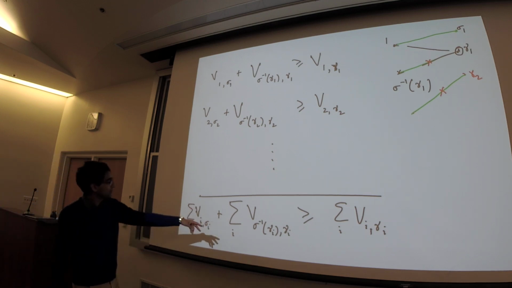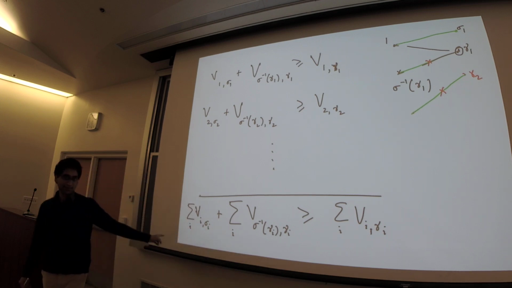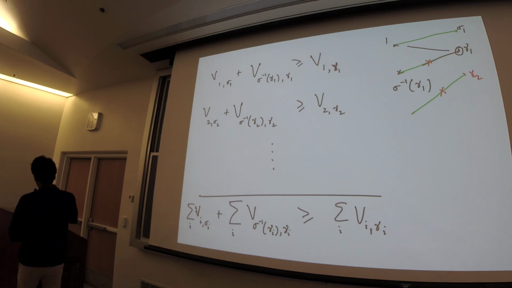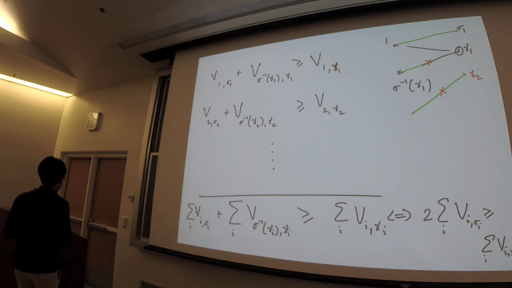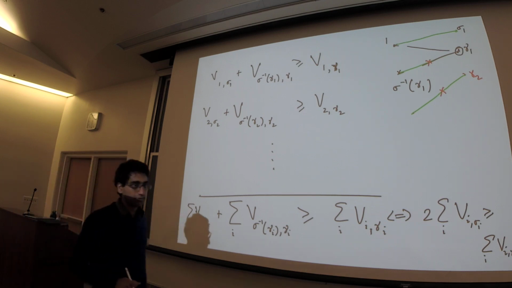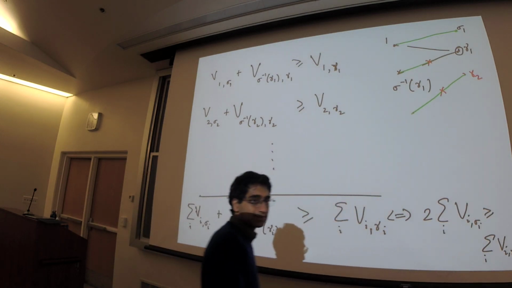That's why this is also exactly the same as the sum of all the green edges, which is exactly the same as this term. So you basically get that this is equivalent to the sum over i of V i sigma i, equivalent to the sum of V i gamma i. And this is exactly what we wanted to show: that twice the sum is more than the sum with the gammas.